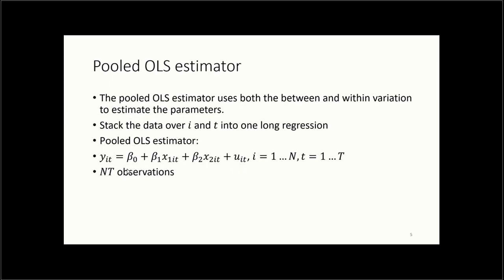So here we have basically n times T observations, and we have one long regression where everything is stacked together, and we're basically ignoring the panel data nature of our data set. For this reason, this estimator is not used very much, since we need to account for the fact that we have panel data.